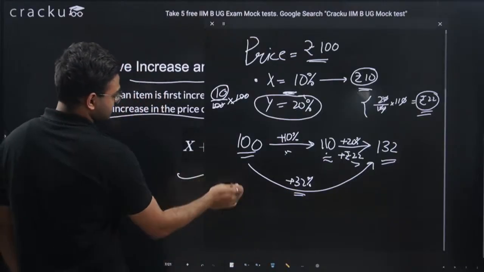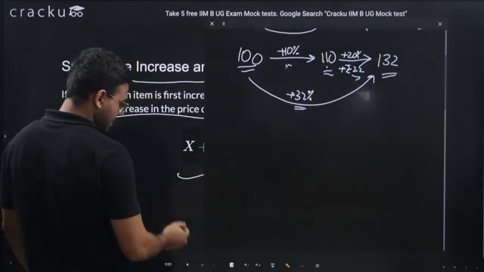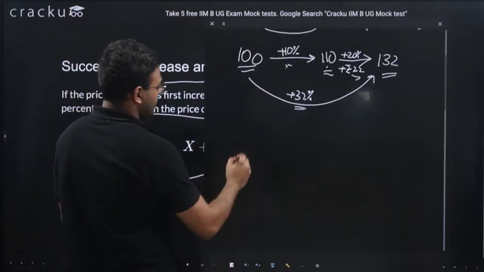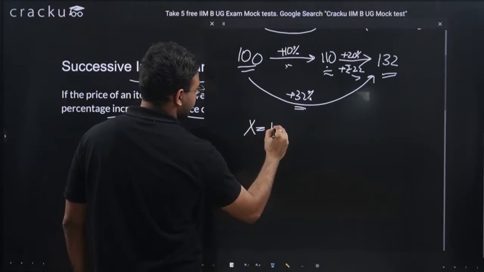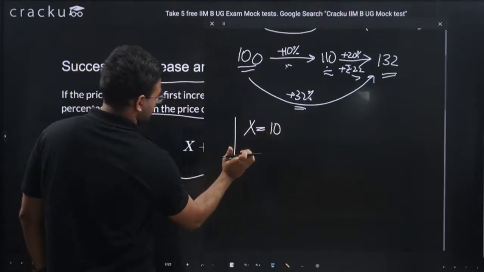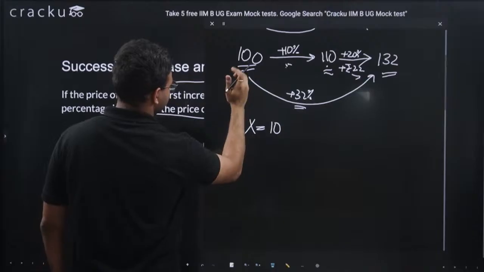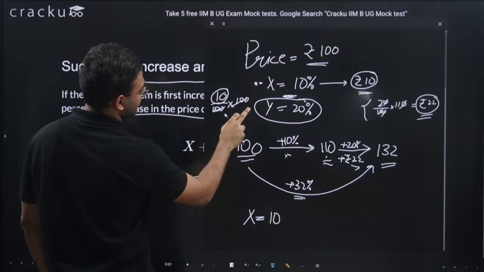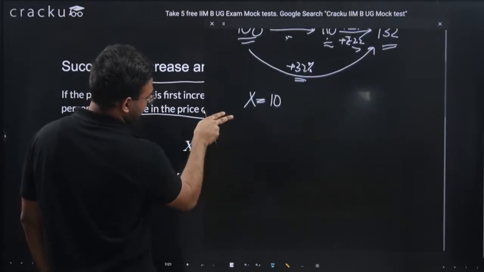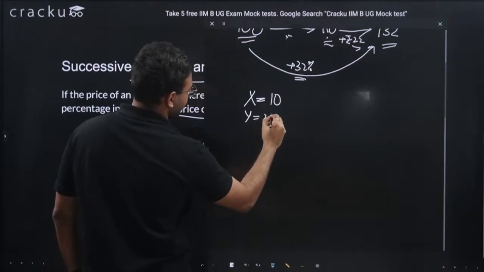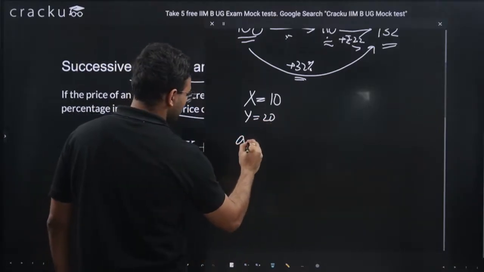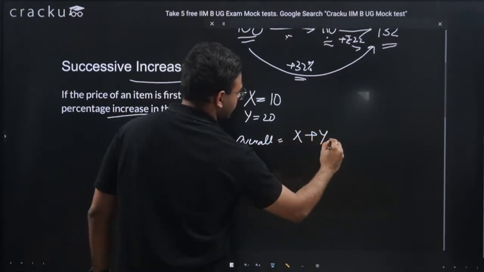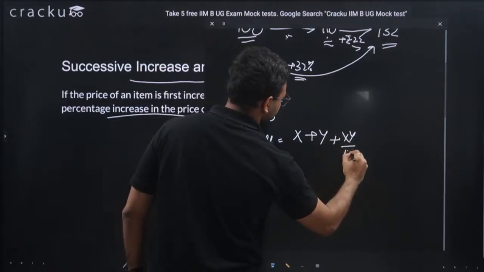Now let me apply this formula which we have studied here, x plus y plus xy divided by 100. Here we assumed that x is equal to 10 and y is equal to 20. The overall increase is given by the formula x plus y plus xy divided by 100.